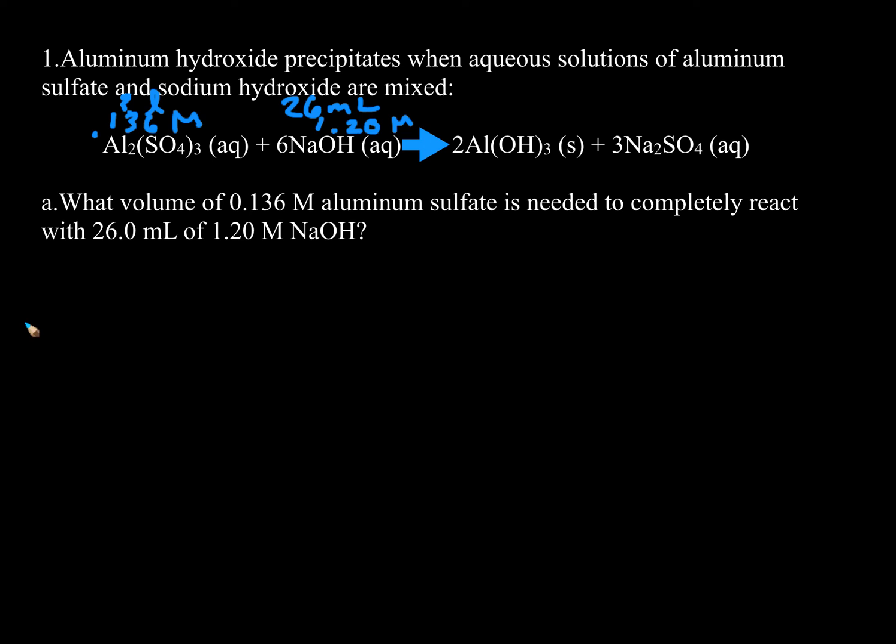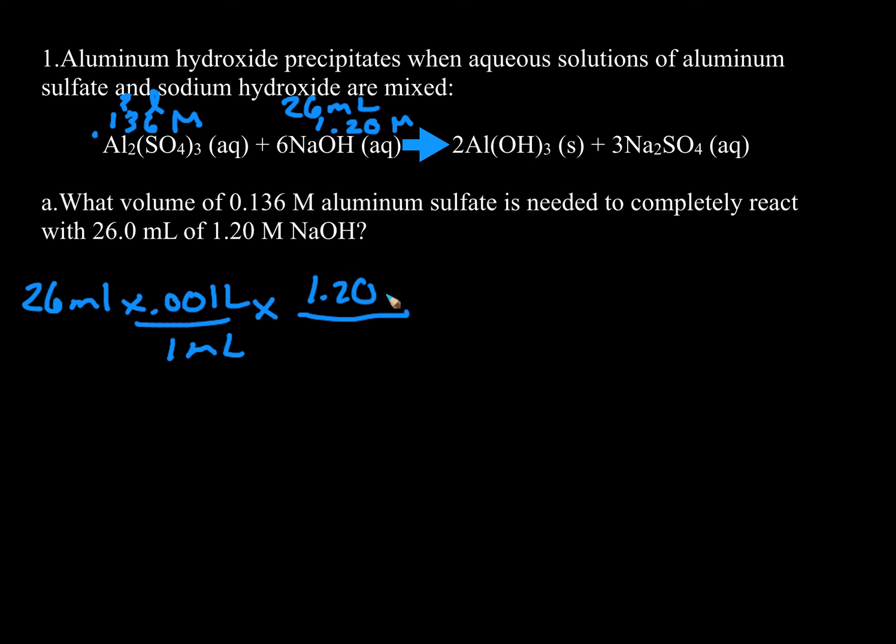So we're going to start with the values we know, both of them. So we know both values for NaOH, so we're going to have 26 milliliters. Change those to liters. Now we can use our molar concentration, which is 1.20 moles of NaOH all over 1 liter of NaOH, oops, sorry, solution.